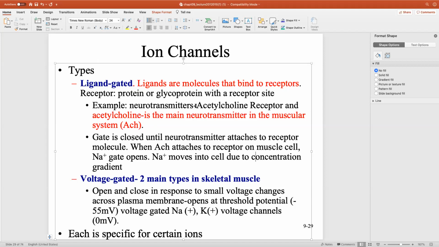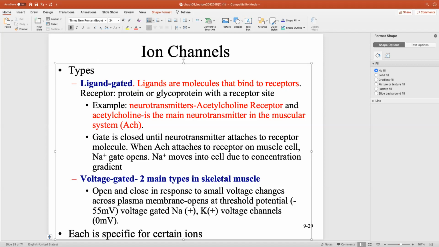Acetylcholine binds to its acetylcholine receptors, right? In the process, the acetylcholine receptor is a sodium channel. At rest, when there's no acetylcholine, the sodium channel is closed. But when there is acetylcholine release, acetylcholine binds to its receptor, opening up sodium channels.